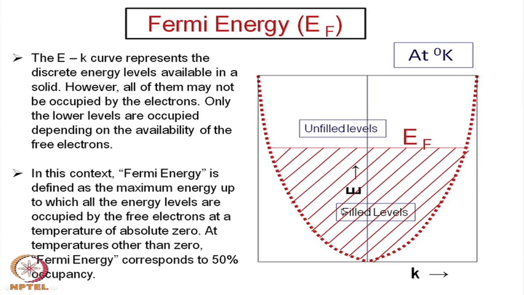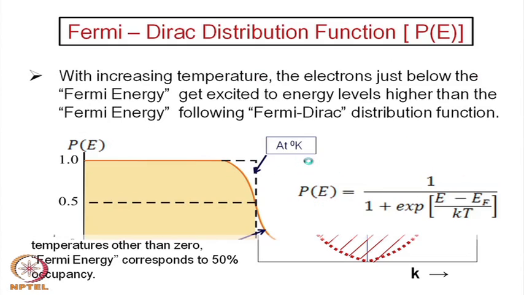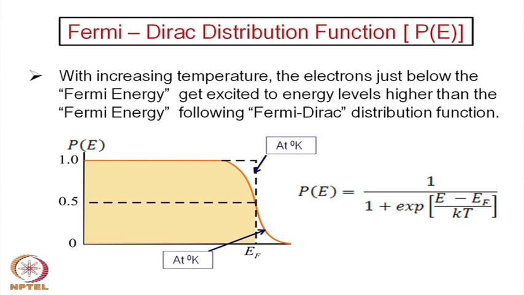Next, we talk about the temperature effect. This is what we get at absolute 0, the E versus k curve, E is proportional to k square. If we want to look at the temperature effect on this distribution of occupancy, we have seen either there is 100% occupancy or there is 0% occupancy.